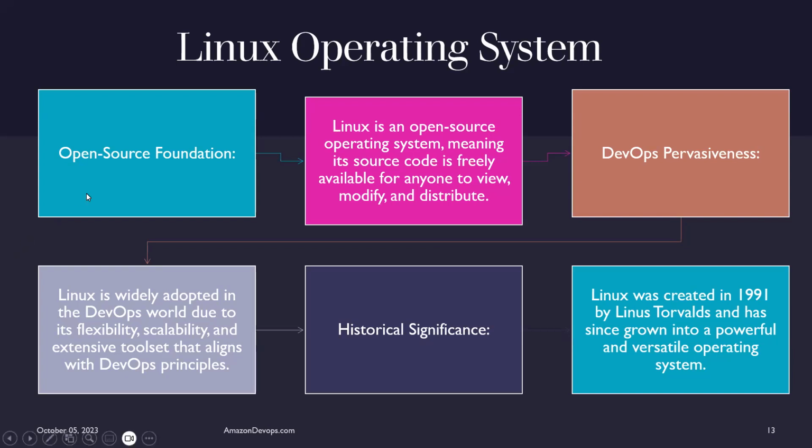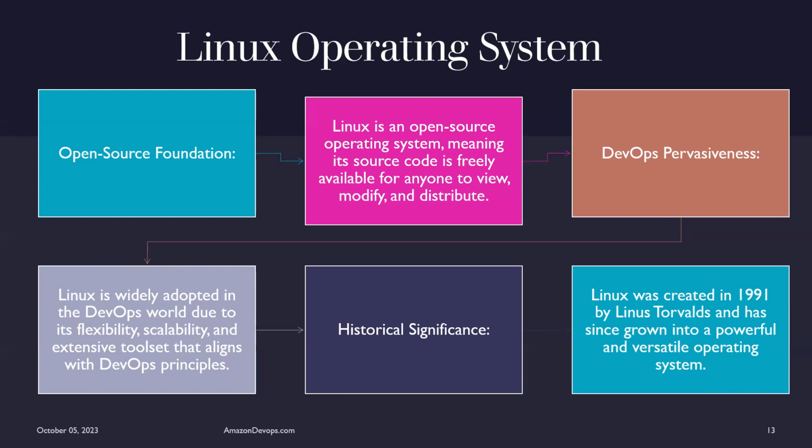Let's look at the open source foundation. You can see that Linux is open source, which means the source code is freely available to anyone. And you are able to view, modify, and distribute it. And this is why we have different kinds of distributions that are based on Linux. Let's look at DevOps pervasiveness. Linux, of course, is widely adopted in the DevOps world because it's very flexible.